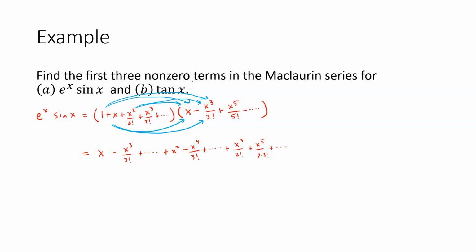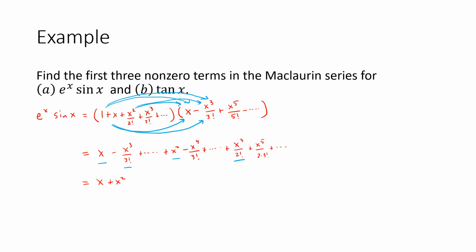Since we're only doing the first 3 non-zero terms, I'll probably only need to go up to the x squared or x cubed term. In fact, I see here then we've got an x cubed, x squared, x cubed, so we'll go out to the x cubed term. So it'll be x plus x squared, and then here we have minus x cubed over 3 factorial, which is 6, x cubed over 2 factorial, which is 2.